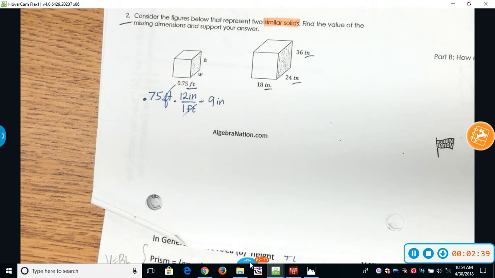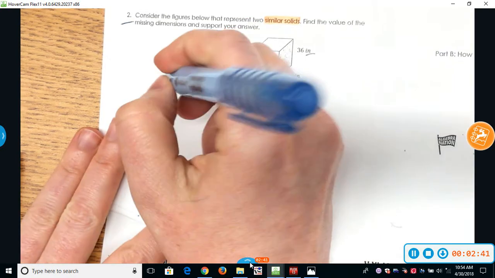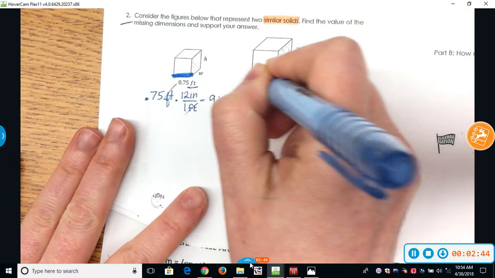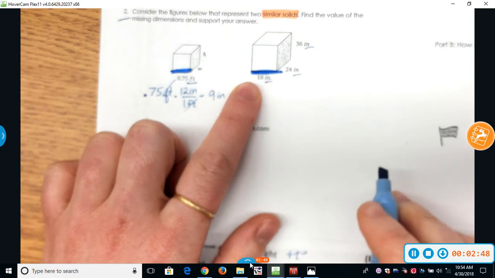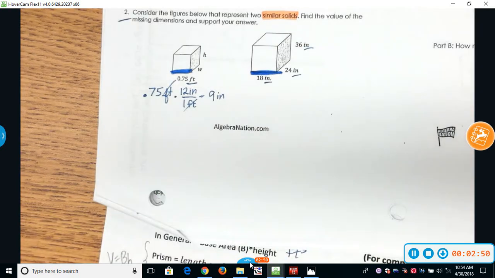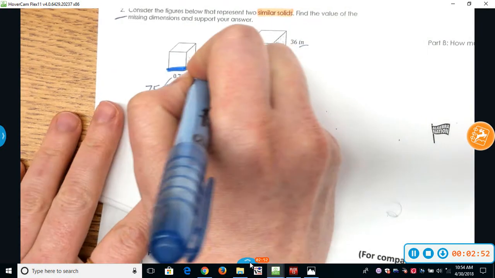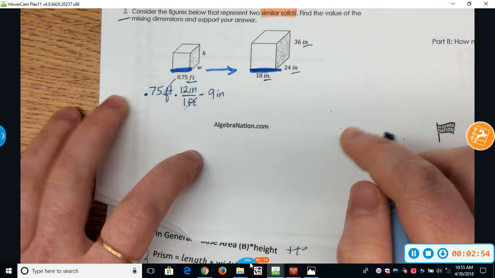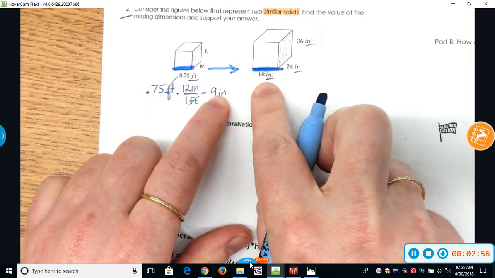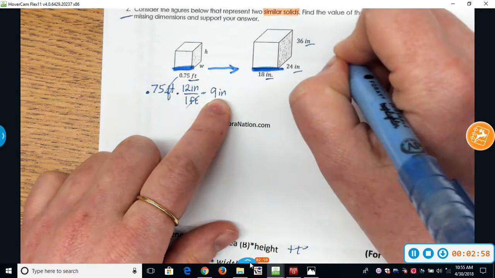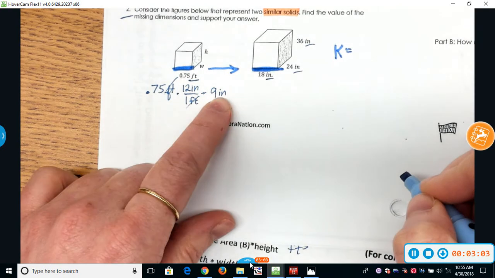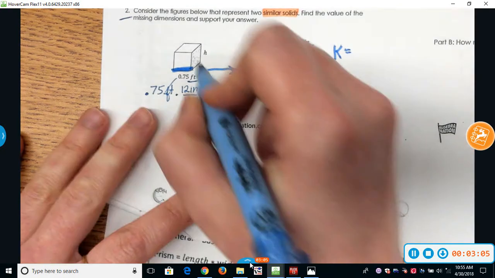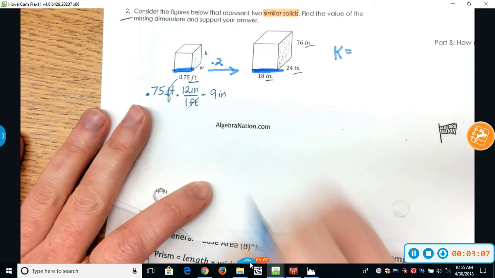So if I know this side is 9, and this is the same side on the similar figure, I can determine the relationship or the scale factor, which is otherwise known as K. When I go from 9 to 18, what I do is I multiply by 2.